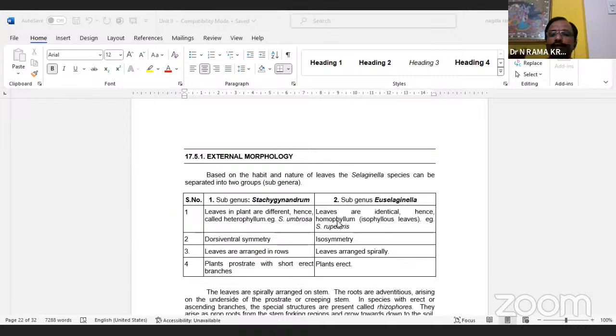The leaves are arranged spirally, 1, 2, 3, like that. All these plants are erect. So there are two types of subgenera in the Selaginella plant.